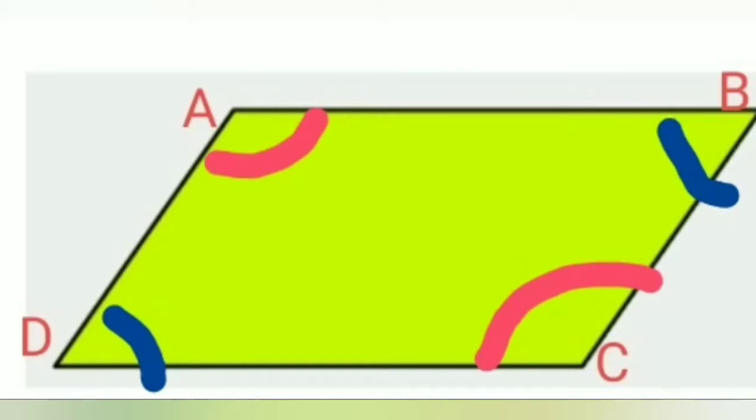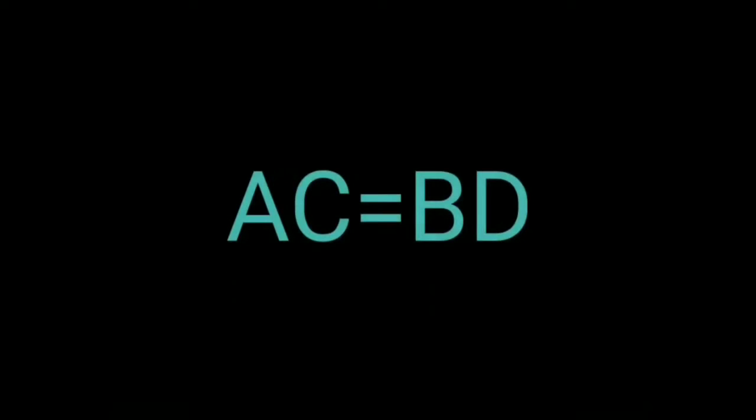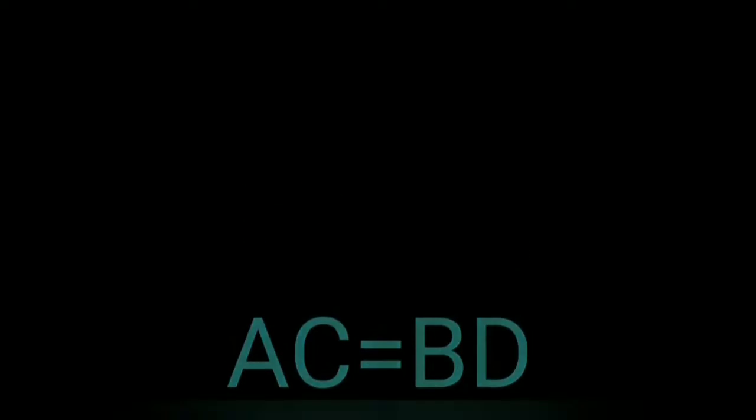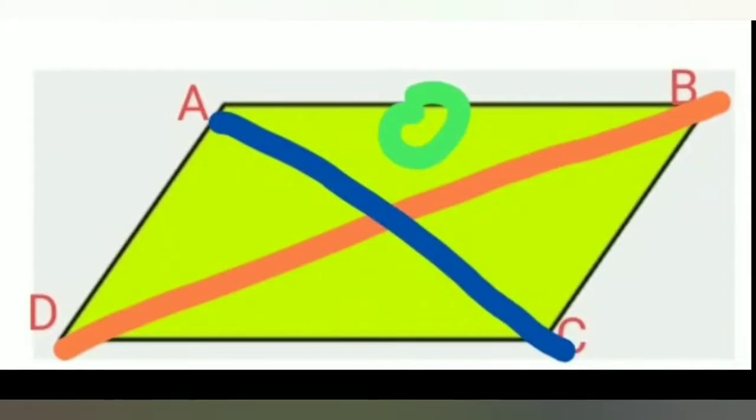You can see here the two diagonals are AC and BD. So the diagonals bisect one another. It means you can say AO is equal to OC and BO is equal to OD.